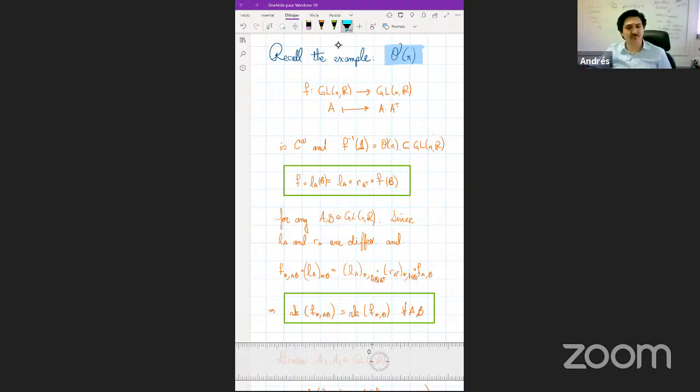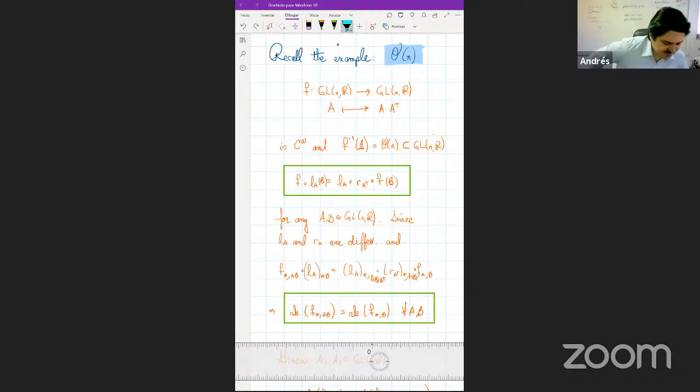Because it is a composition. So from B, I got to F of B, and from this, F of B times A. The same way here, compute the differential at B and then left multiplication by A.